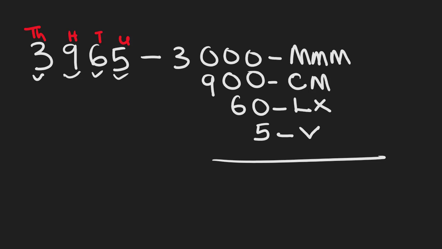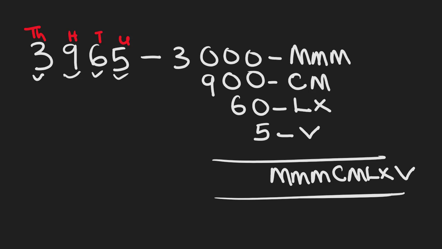So it will give us M, M, M, C, M, L, X, V. So this is 3,965 in Roman numerals. So the last one, how can we write 2,468 in Roman numerals?